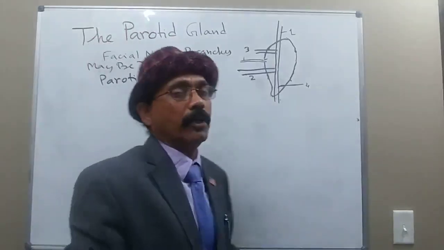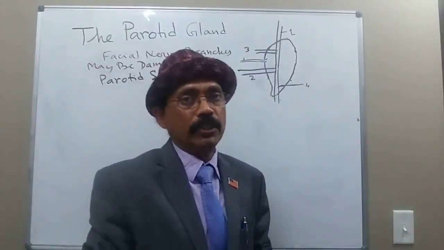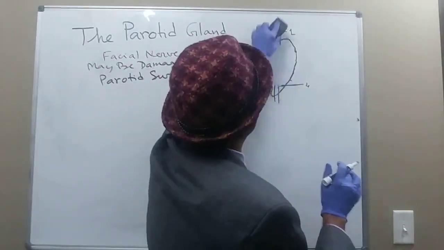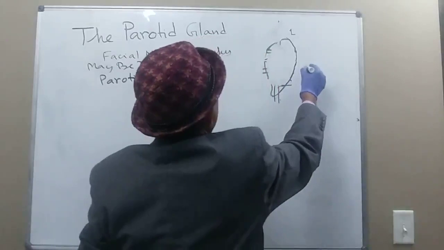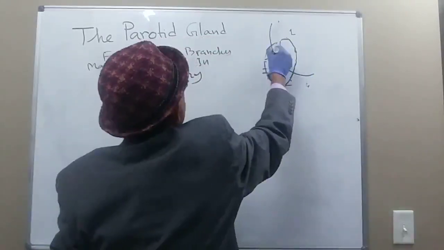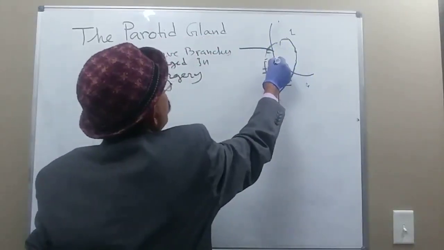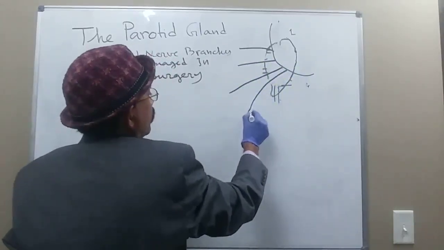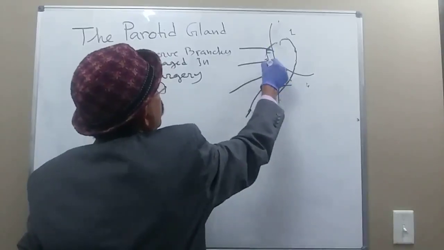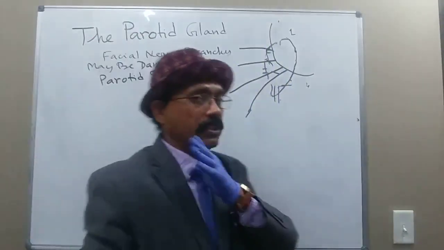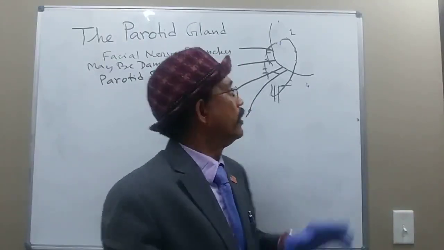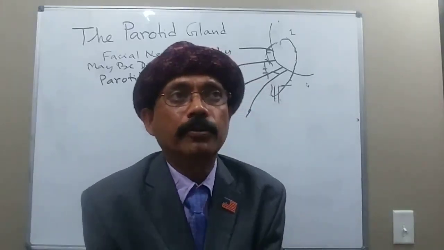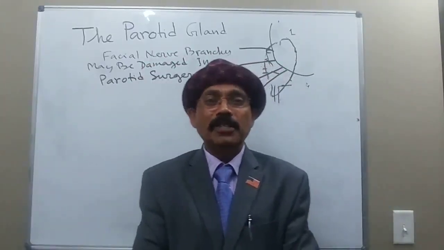They supply the muscles of facial expression. Any damage to the facial nerve, with its temporal, zygomatic, buccal, mandibular and cervical branches, which may anastomose, will cause facial paralysis following surgery to remove a tumor from the parotid gland. So that's all about the anatomy of the parotid gland.